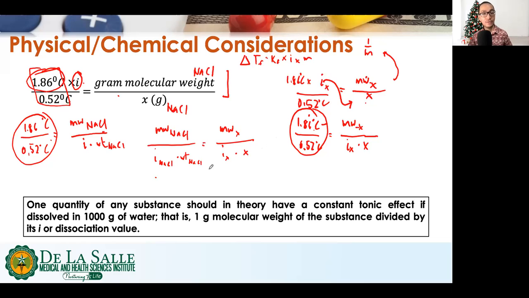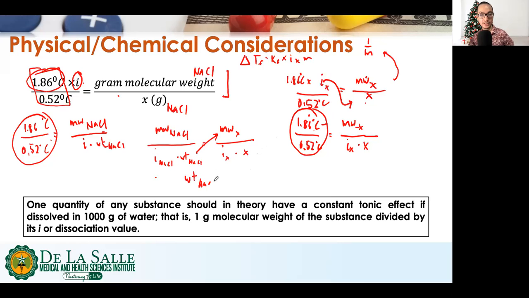Now, if we would like to determine the weight of sodium chloride equivalent to the weight of the substance, we will just transfer this over here.